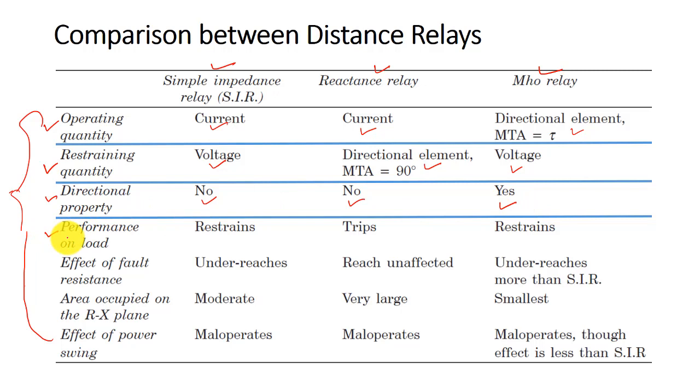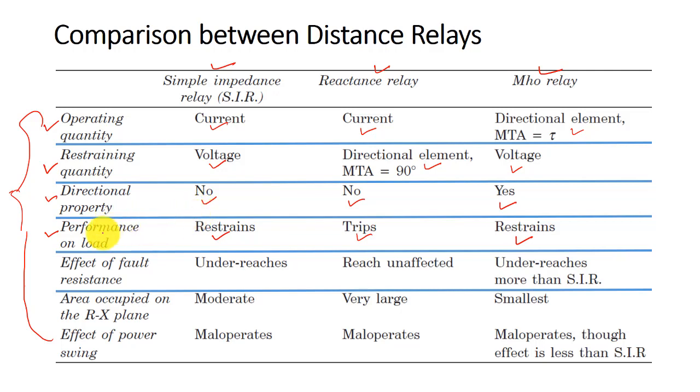We will consider the performance of these three relays under normal load condition. Your simple impedance relay restrains and your reactance relay trips. Already we have seen this under normal load condition, and your Mho relay also restrains. In fact, your Mho relay performs better than the impedance relay under normal load condition.